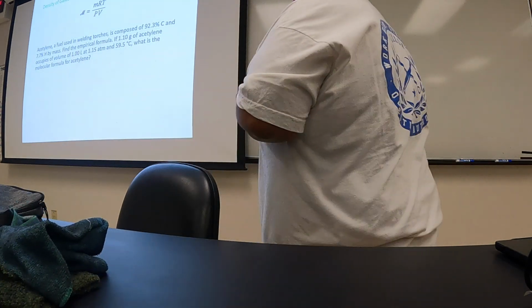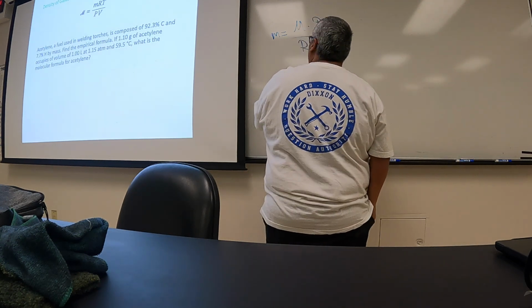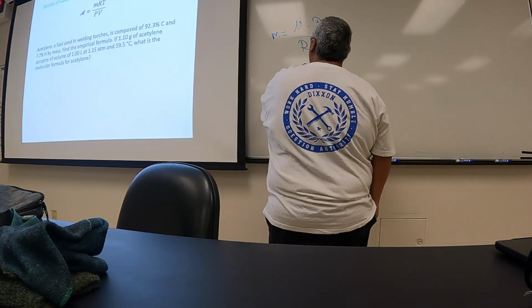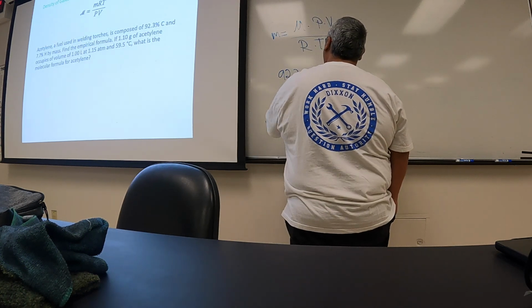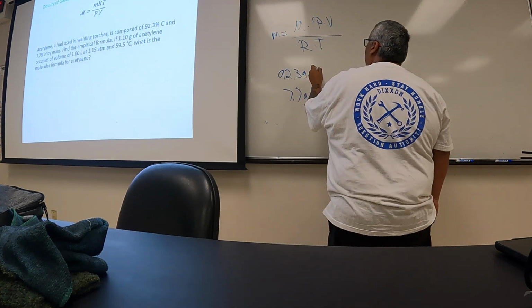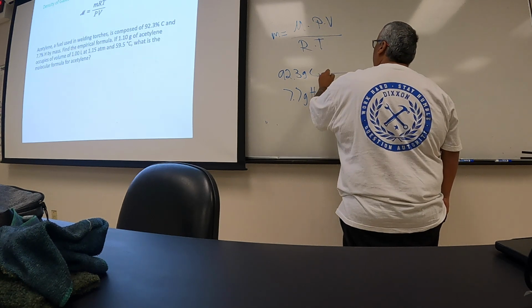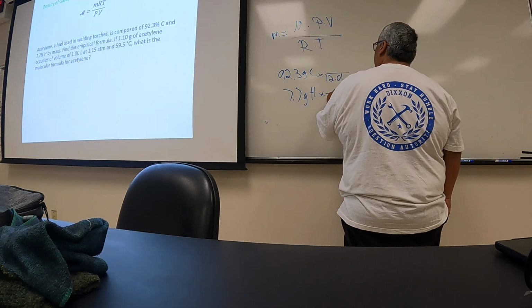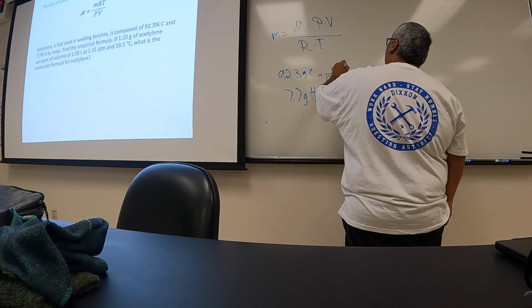All right. So we have 92.3 grams of carbon, and we're going to say we have 7.7 grams of hydrogen. Let's convert these into moles. This is 12.01 and 1.01 grams per mole.